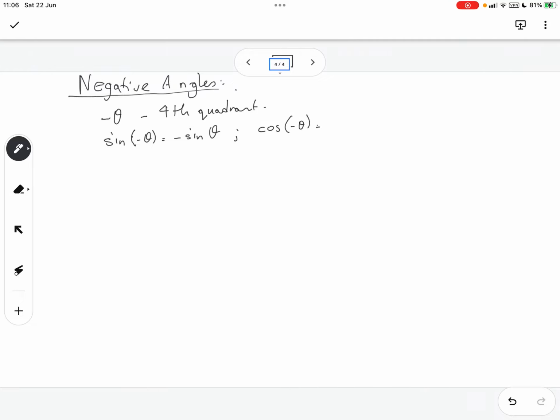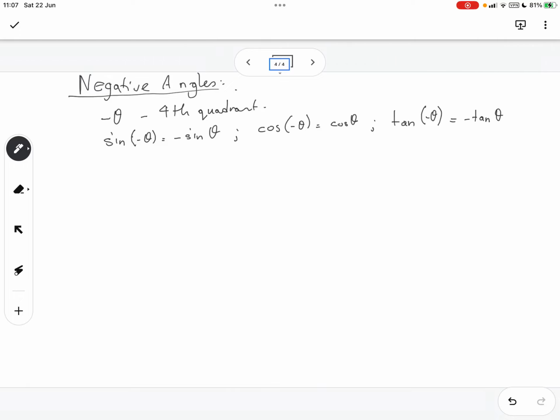Cos is positive in the fourth quadrant, so it's cos theta. And tan, which is negative in the fourth quadrant, gives negative tan theta.